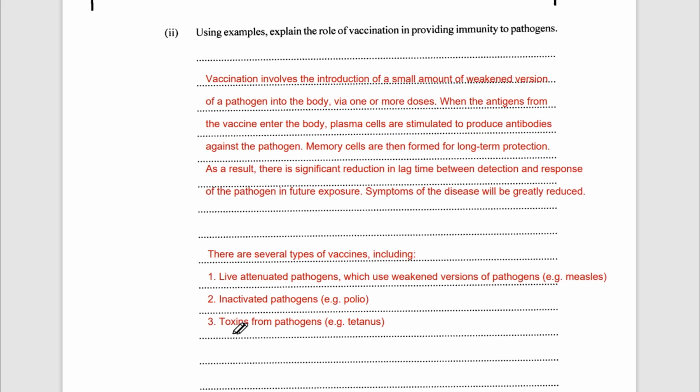You have toxins from the pathogens, an example would be tetanus. And we know now a 4th one would be mRNA vaccines, which basically use the messenger RNA from the virus to build a fragment of the virus or a fragment of the antigen. An example of that would be the Pfizer vaccine for COVID.